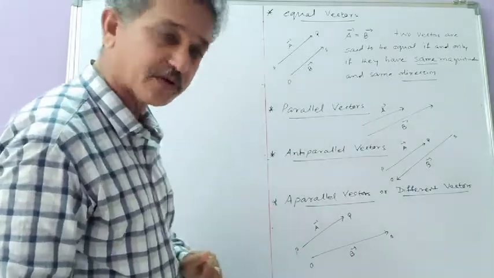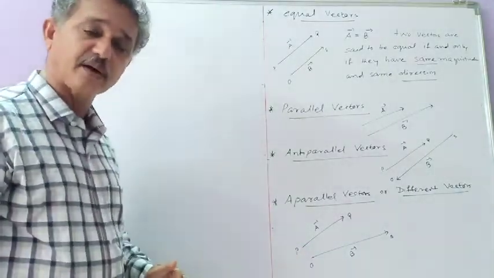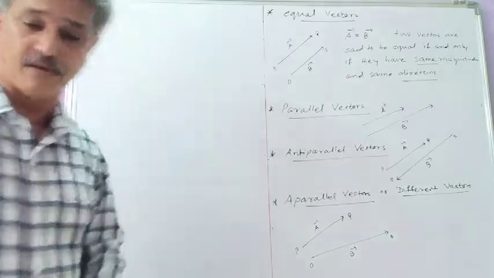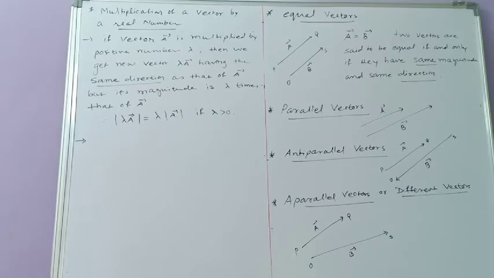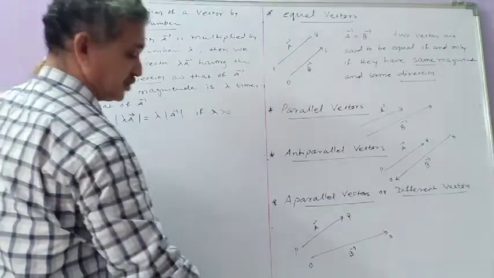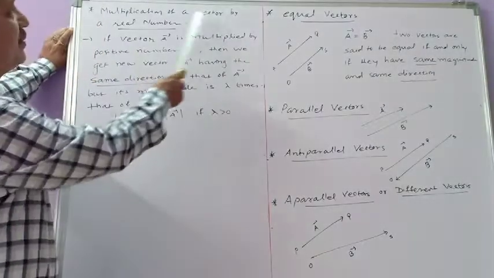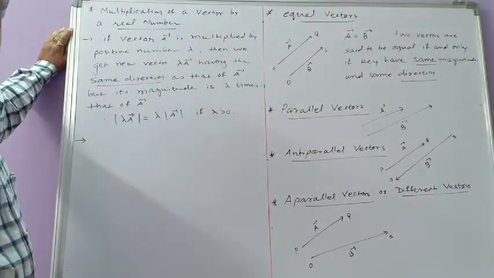And then we have to study the multiplication of a vector by a real number. Now let us see, the next topic is multiplication of a vector by a real number.